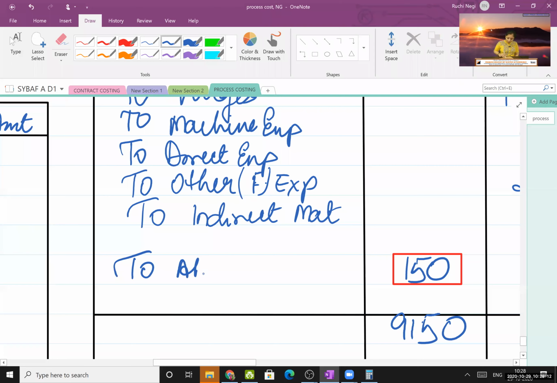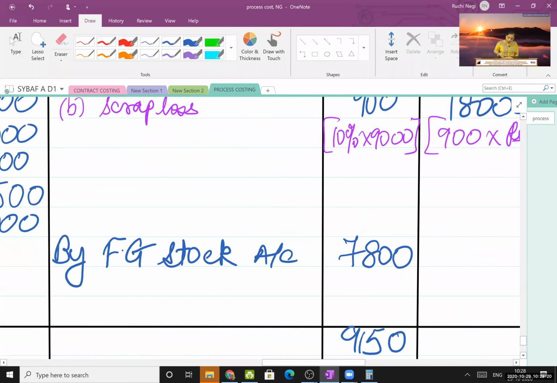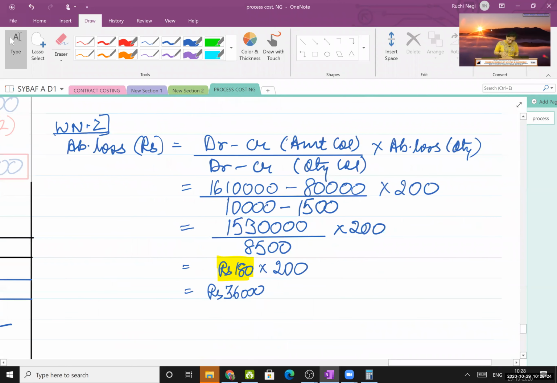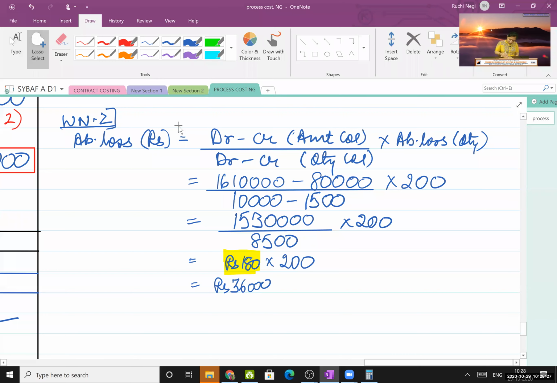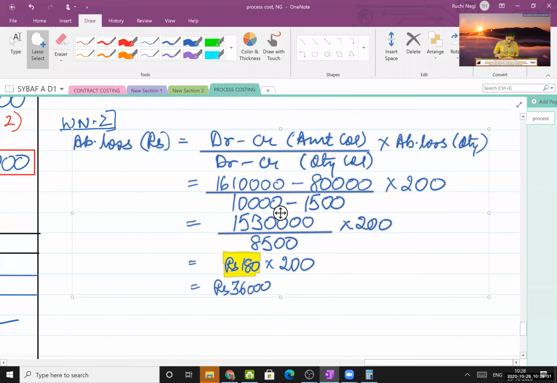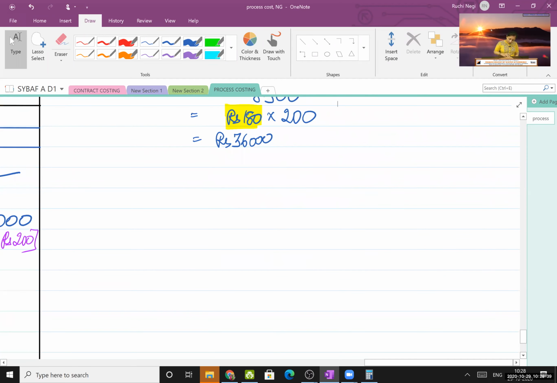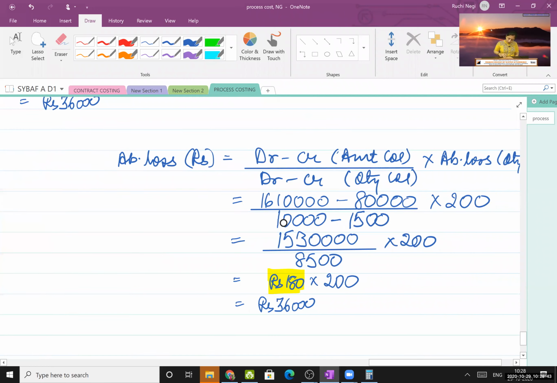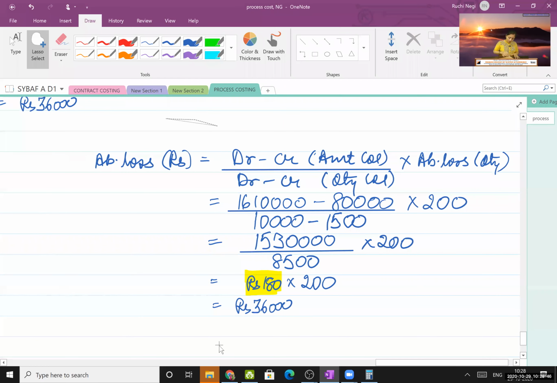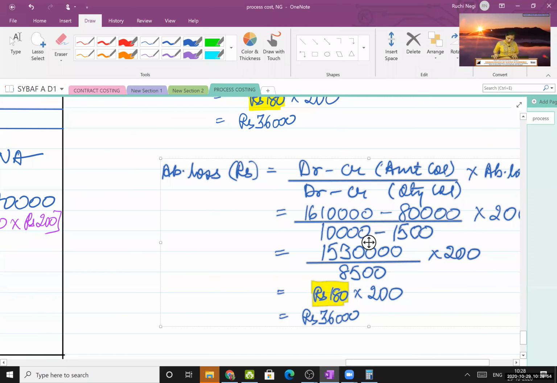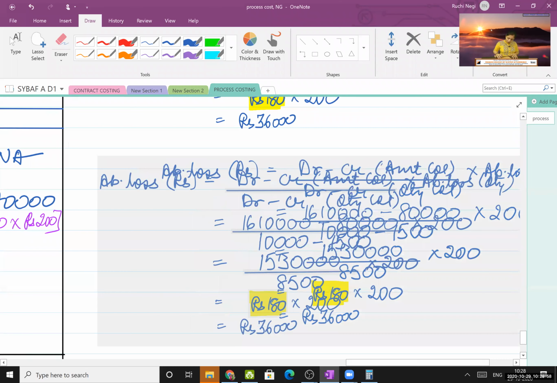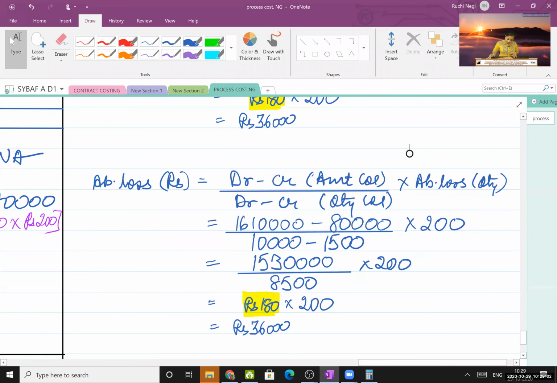So abnormal gain. Okay. Let us apply the formula and calculate abnormal gain. So write your abnormal gain, or you can write abnormal profit.